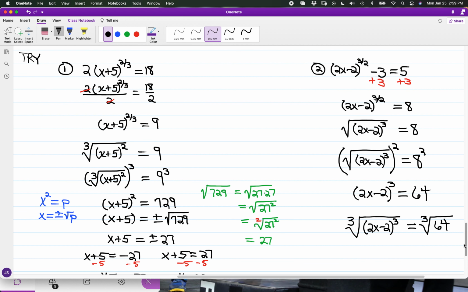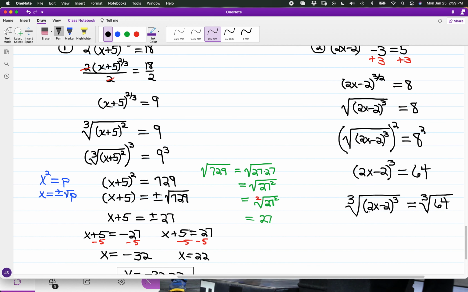For what I have on the left, the cubic root is going to eliminate the cube which we have as the exponent for 2x minus 2. So the 2x minus 2 is freed up, and that is going to be equal to the cubic root of 64.